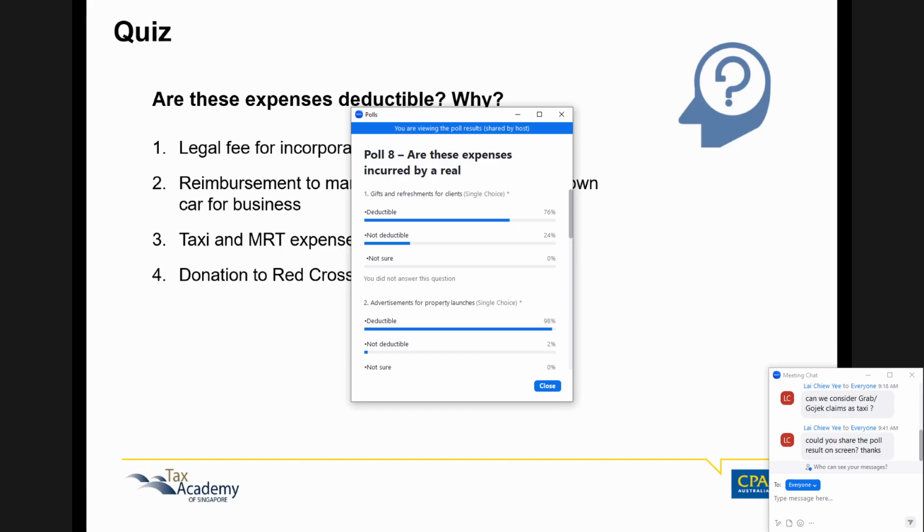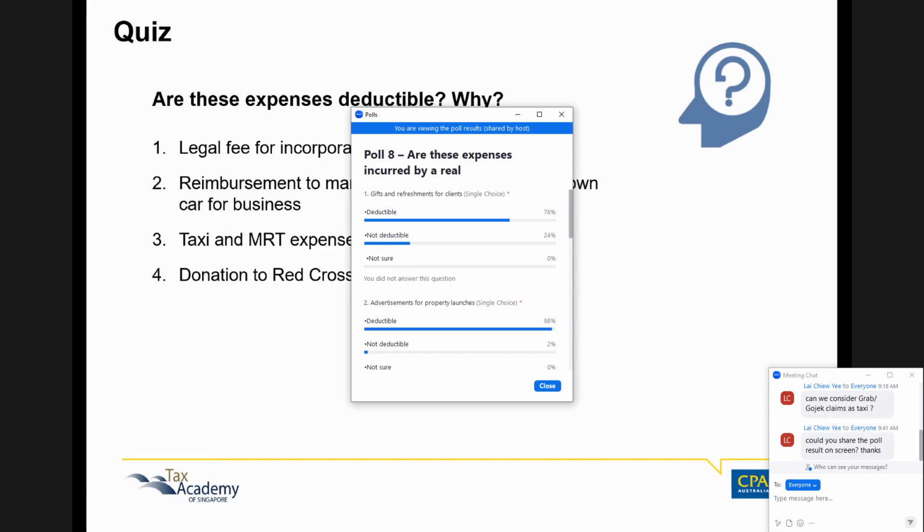One of the keywords you have to look at here is interest, on a loan to purchase the office premises. I take it that this is a place where the company conducts its business. So, is it for business use? Yes. But is it a deductible expense?